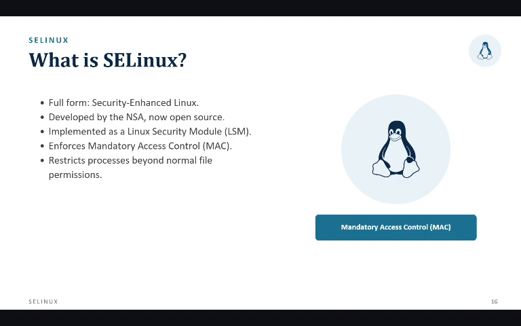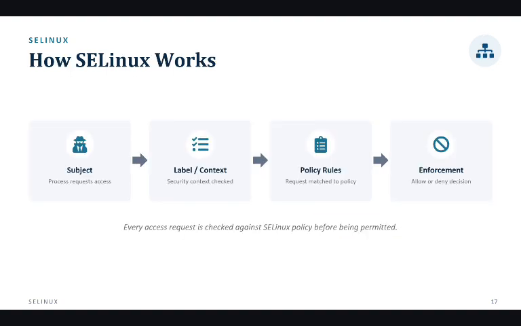This is a big shift from standard Linux permissions. It restricts what a process can do far beyond normal file permissions, even if the process is technically running as an authorized user.